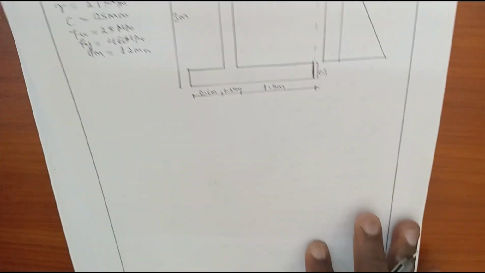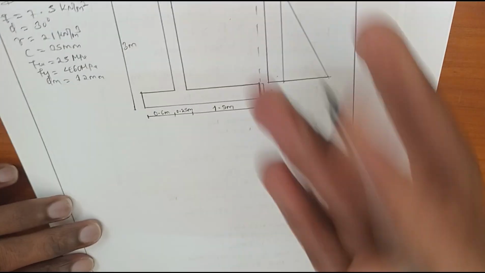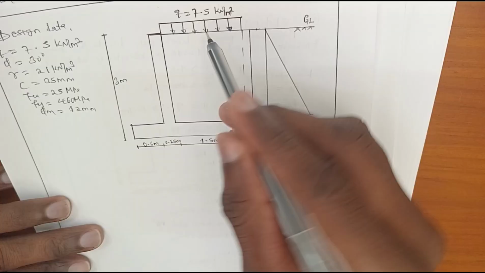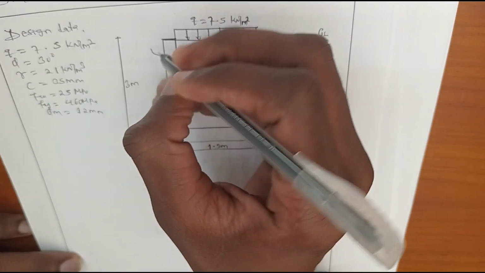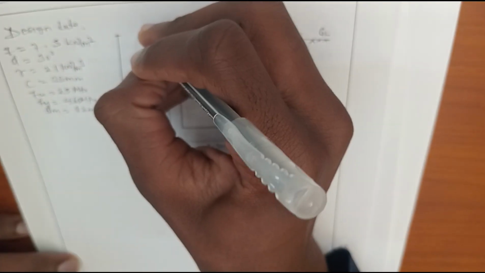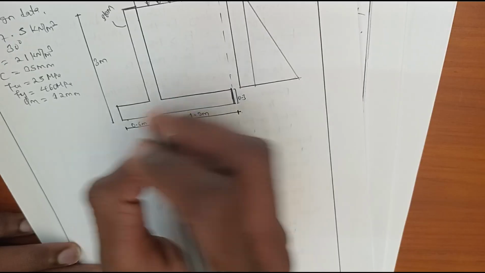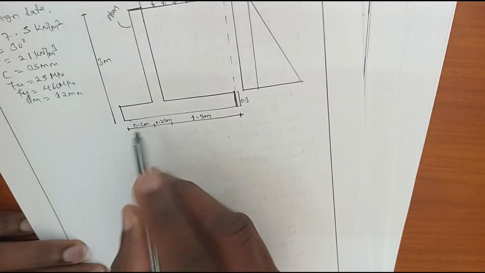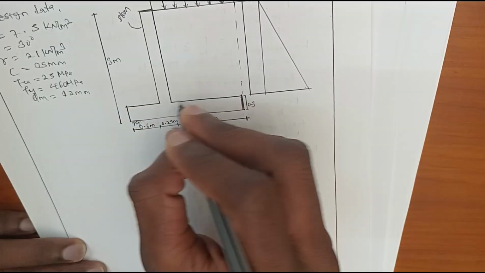Now let's start to design this stem wall. This is a cantilever retaining wall, which is subject to a surcharge of 7.5, and this is the stem of this cantilever retaining wall. This is the stem, and this is the toe slab, and this is the heel slab.